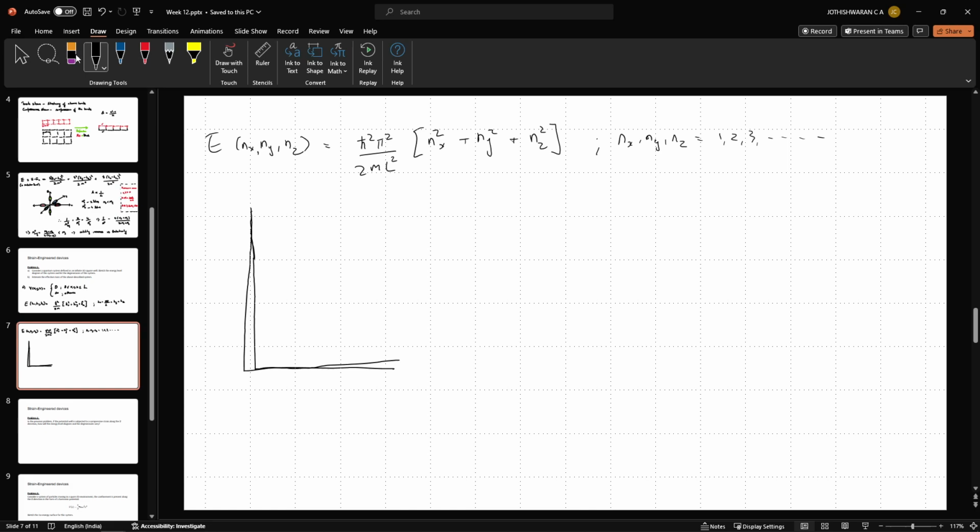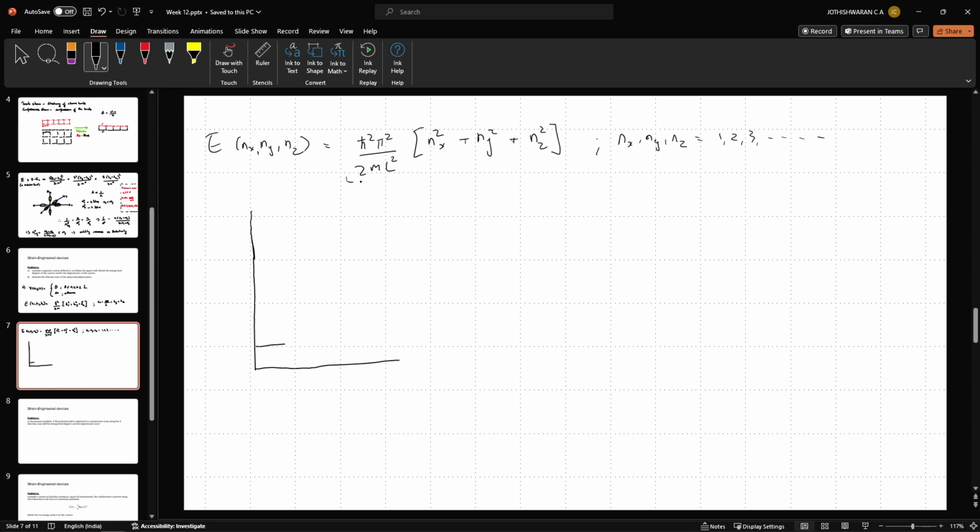Almost invariably the ground state is a unique state. There cannot be two ground states for a system. So we have the ground state, which is 1 unit of energy.